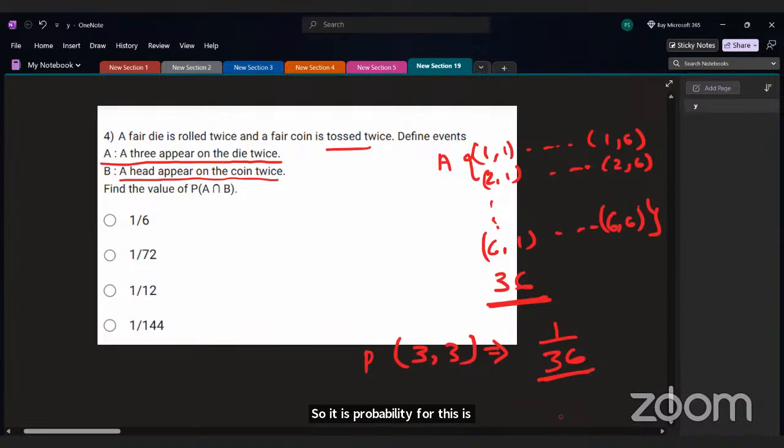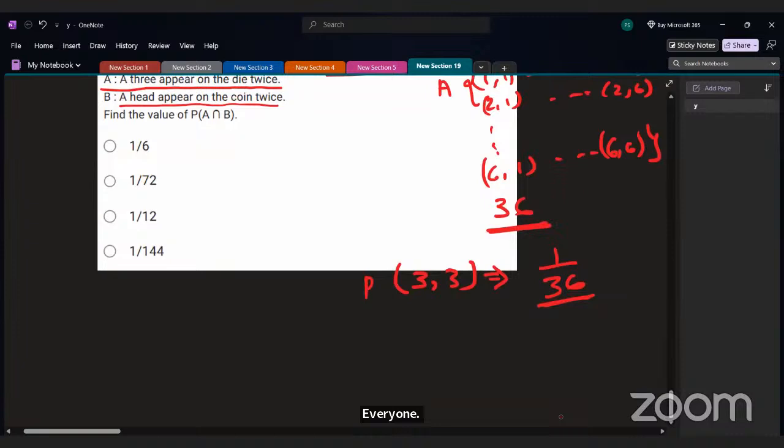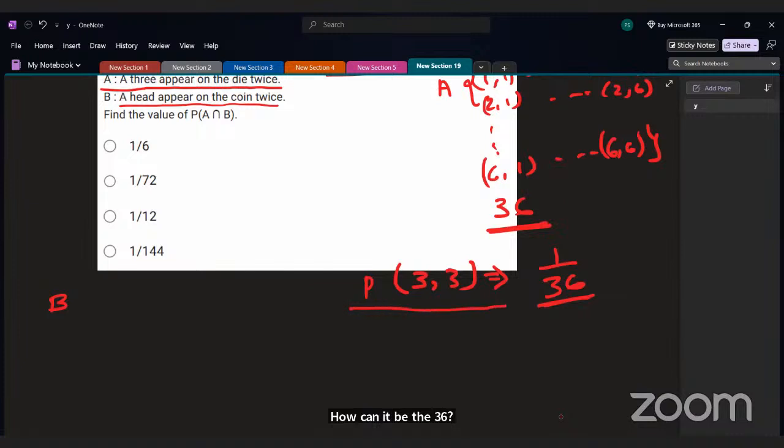Everyone? Yes, sir. Now what event B is? No, sir, here is the confusion. How can it be 36 in the A set? How do you calculate the probability? Total number of favorable outcomes by total possibilities.